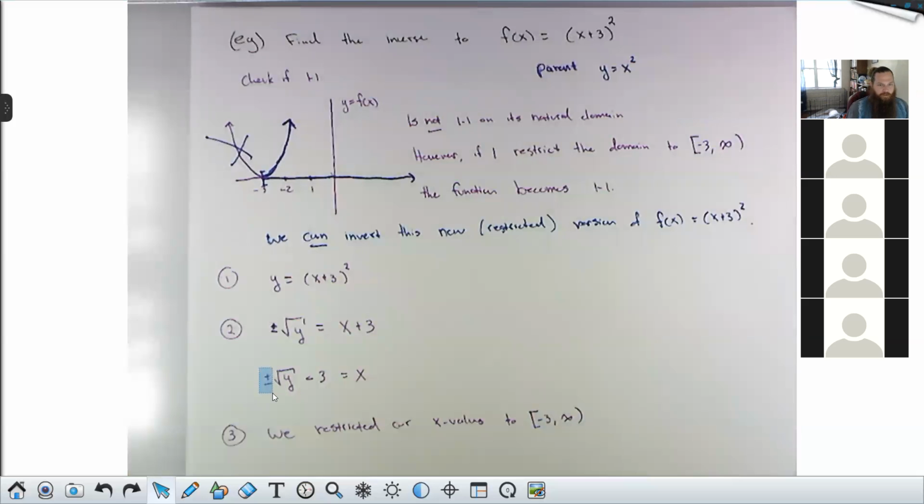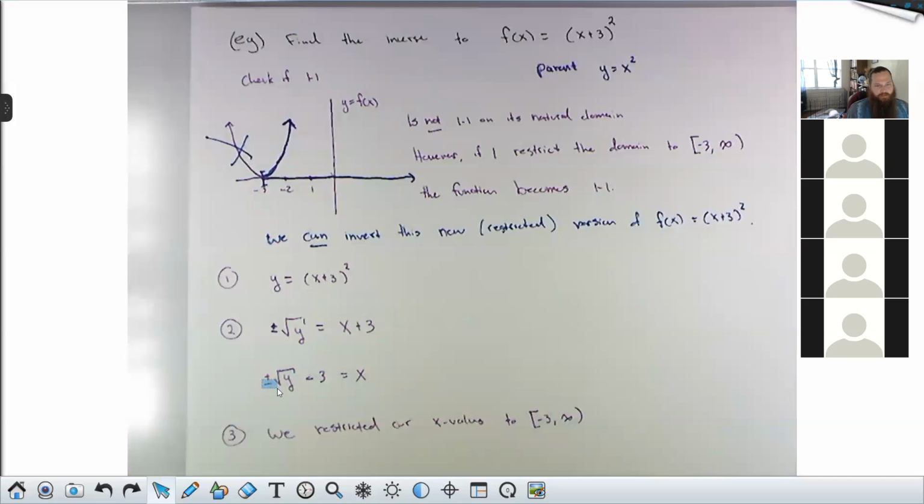If you have both the plus and the minus, then this couldn't possibly be a function because it would be outputting 2 different values for each input. The reason we delay swapping the x and the y is so you can match these values up with this domain restriction. You see here, I have x equals plus or minus root y minus 3. And I need to know, do I take the plus or do I take the minus?